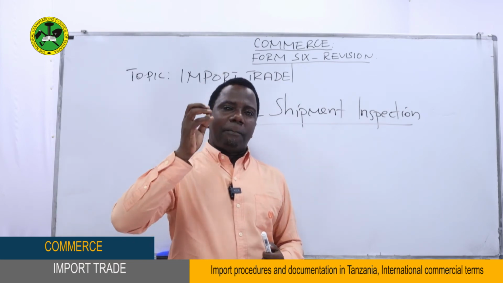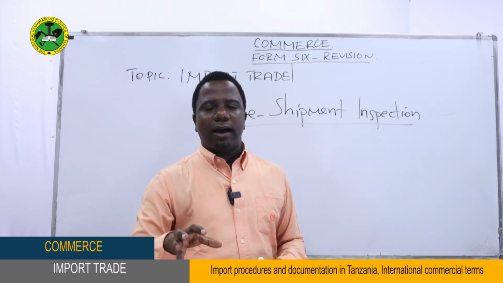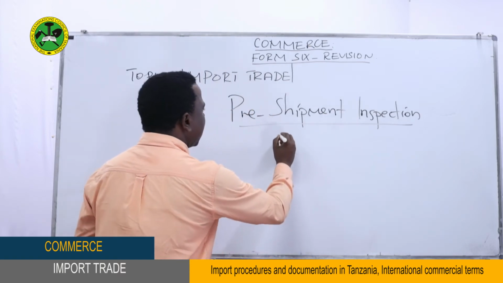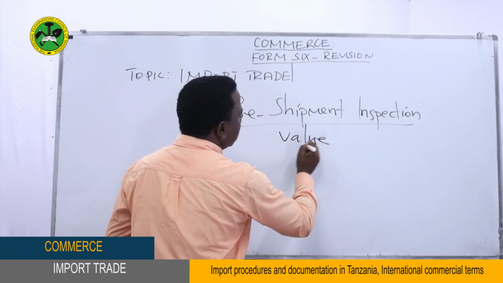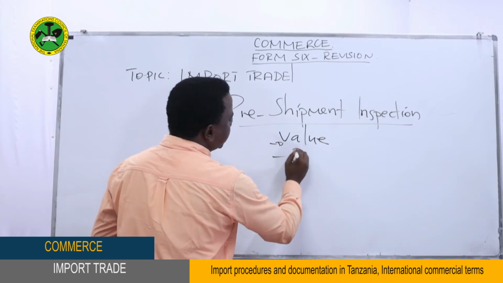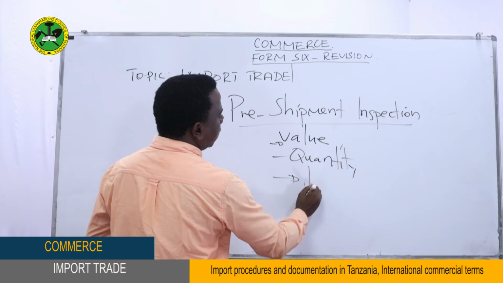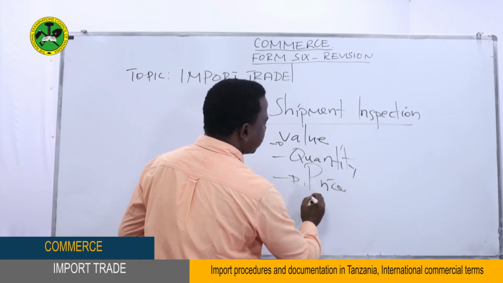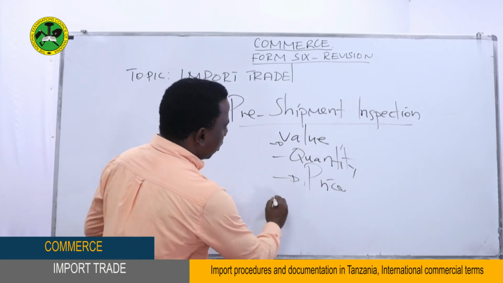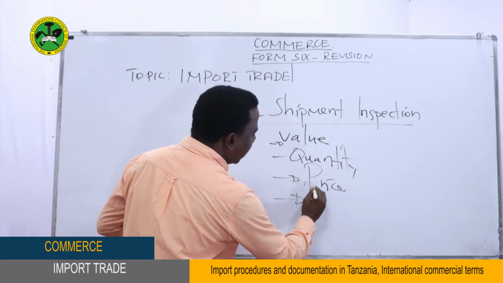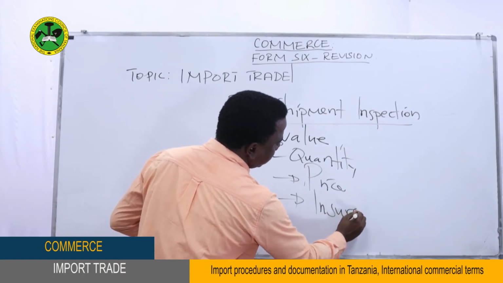The main parts which are inspected are the value of goods, the quantity, the price, and also whether the goods have been insured.